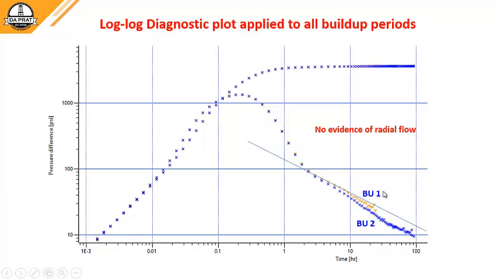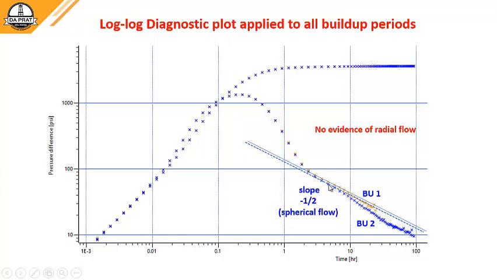So this is build-up 1, this is build-up 2, and on inspection using the flow regime diagnostic, the slope here is minus 1/2, which means spherical flow.